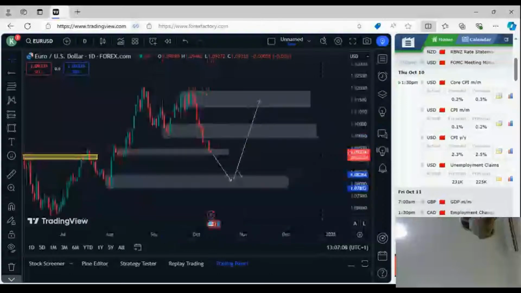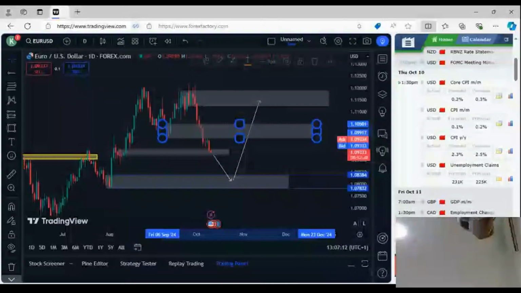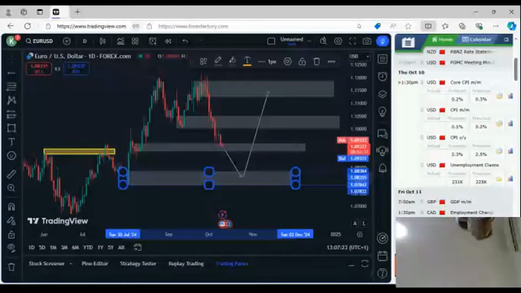Also, I'm expecting a lot of displacement in gold. I'm supposed to be focusing just on the areas on the chart today.